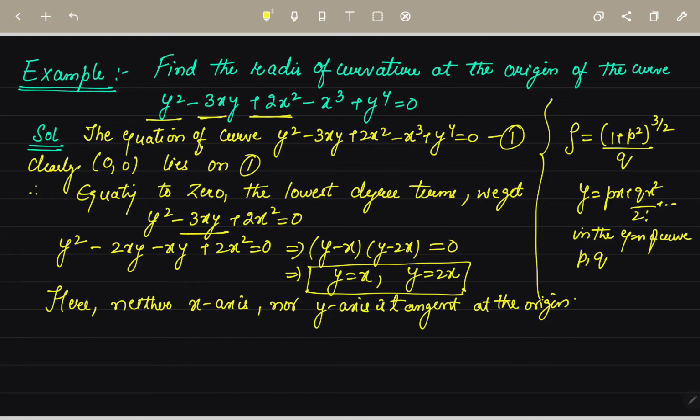So for this, I have to put the value of y is equal to px plus qx square by 2 factorial in the equation of the curve.